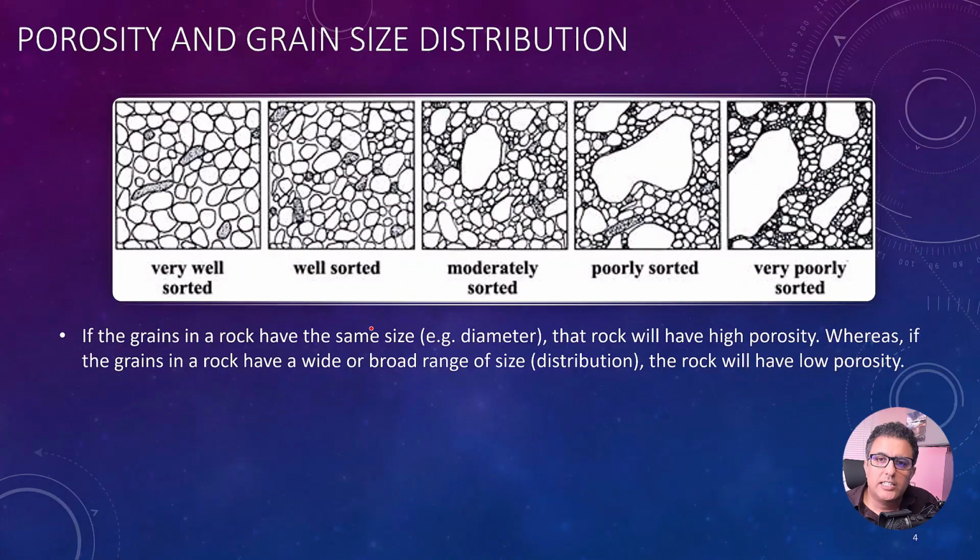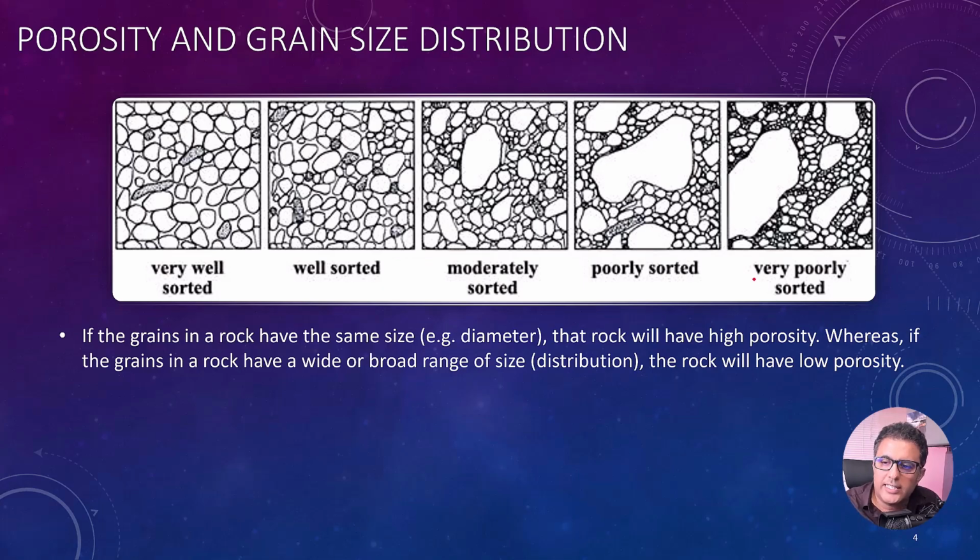Indeed, porosity depends on how well sorted the grains are. What I mean is, if the grains in a rock almost have the same size, we say it is very well sorted. In that case, the rock will have high porosity.